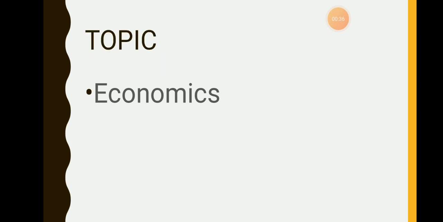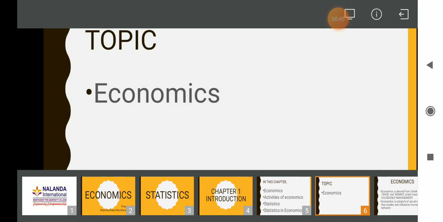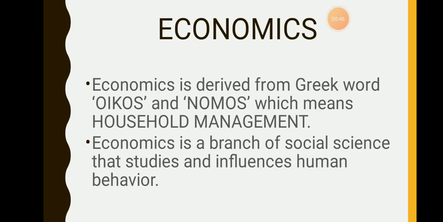So the first topic, in this session we'll study the definitions of economics and what economics is. Basically we might think about where the word economics comes from. Economics is derived from the Greek words oikos and nomos, which mean household management. What do you do in your house?